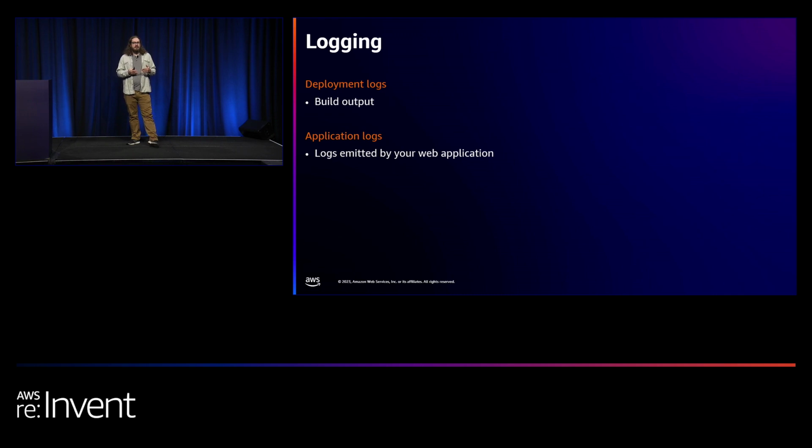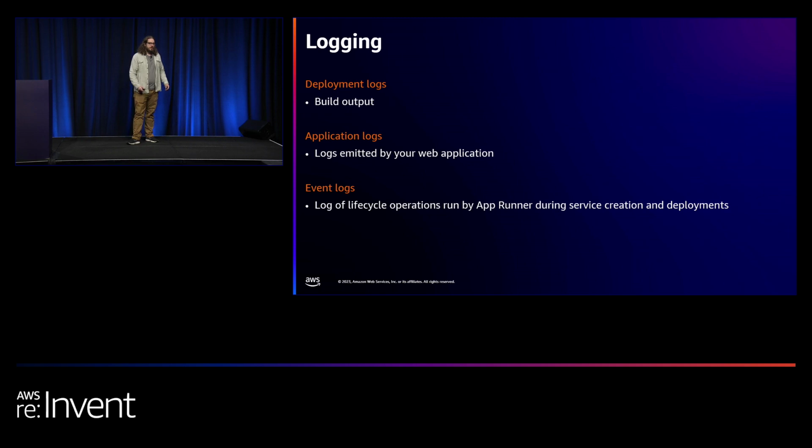You might have application logs that, when your application receives a request, log a transaction ID for that request, or maybe any events and steps that it takes as part of serving that request. And there's also event logs, so the life cycle of your service. As App Runner starts up a replacement or a new version of your application or shuts down an instance of your application, you're also going to be able to see logs for those.